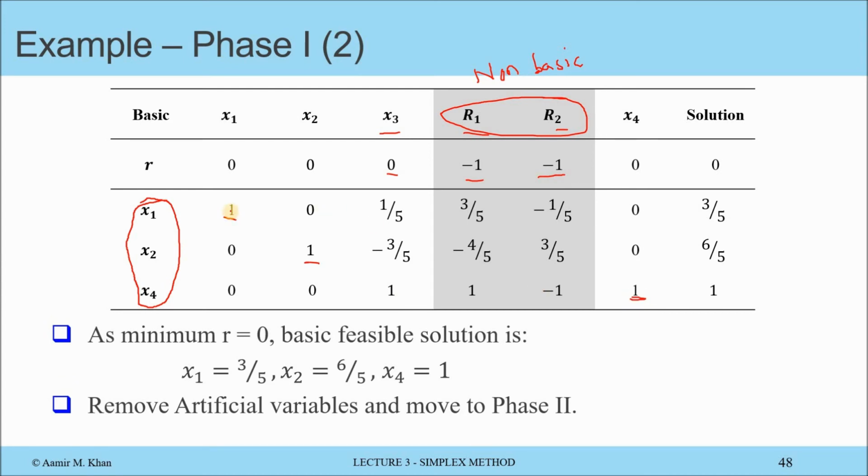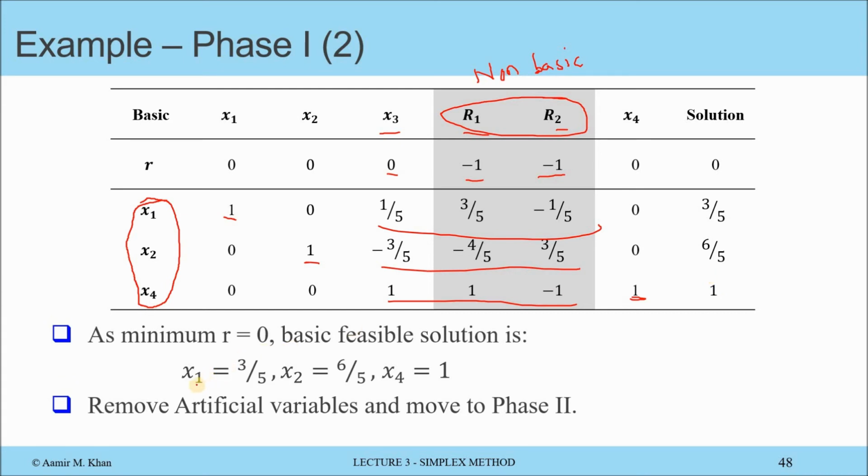Because the non-basic ones you make 0, so all these three you make them 0. So automatically when you consider them 0, x1 gives you the value of 3 by 5, x2 gives you 6 by 5, and then x4 gives you 1. So you stop over here.